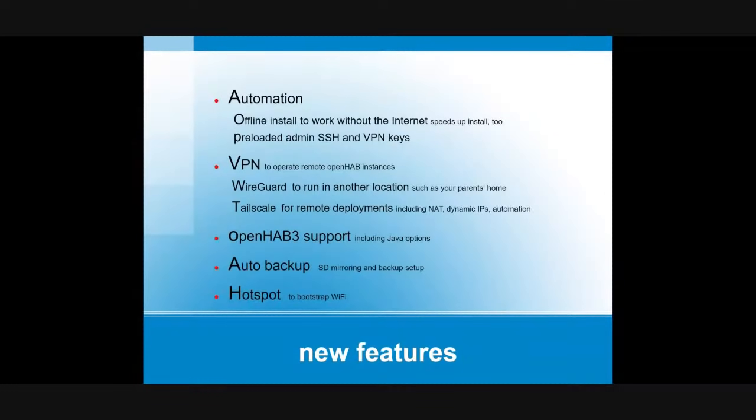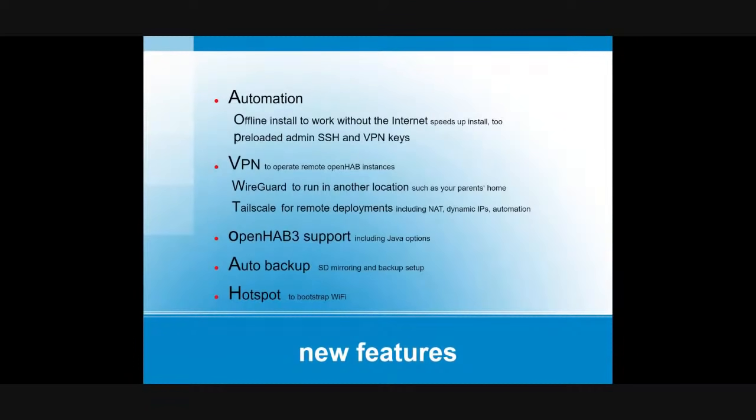in current version 1.6.1. First of all, we improved on automation. As I said, it used to be an interactive thing in the beginning, but now the idea is to roll out, to deploy boxes that you can maybe use in some remote location. So if you want to run an instance in your parents' home, we already heard about the openHAB binding to bind to some remote instance.